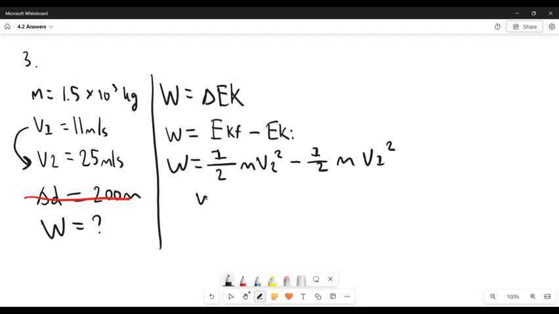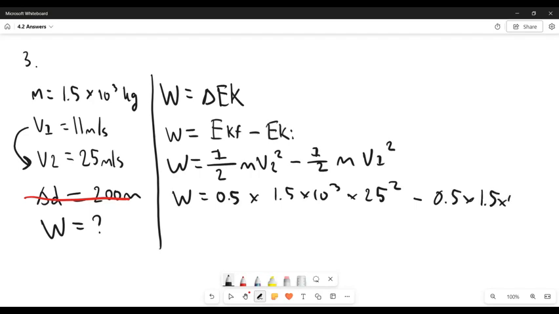All right, and then all we have to do is simply plug everything in. So 0.5 into the mass, which is 1.5 times 10 to the power 3, into 25 squared, minus 0.5 into 1.5 times 10 to the power 3, into 11 squared.